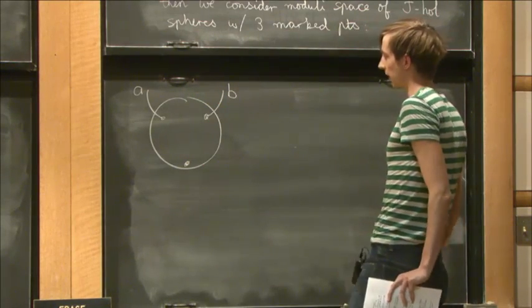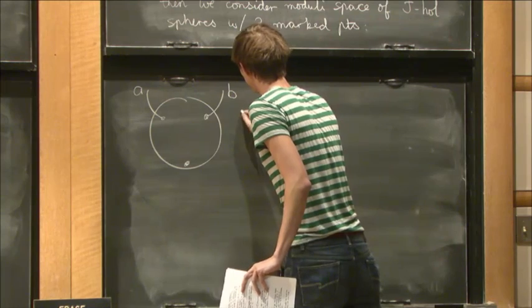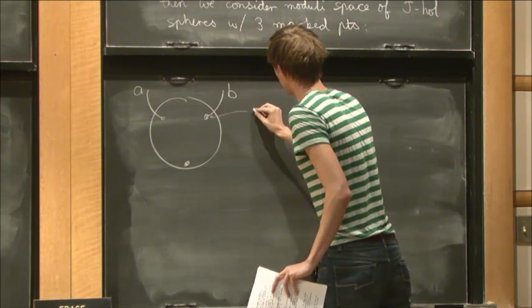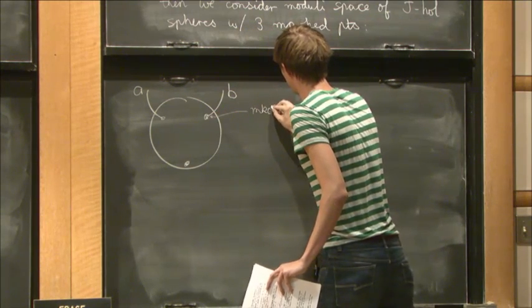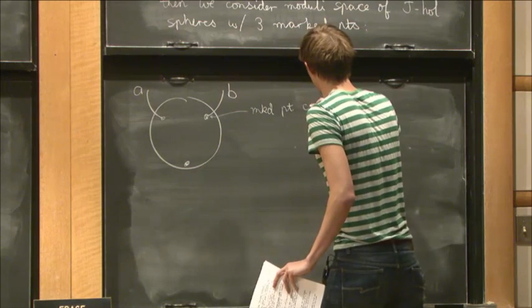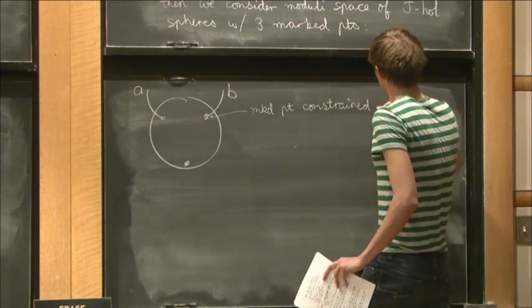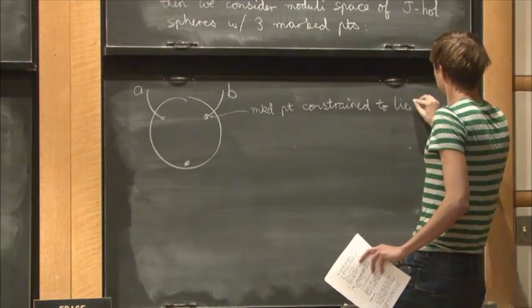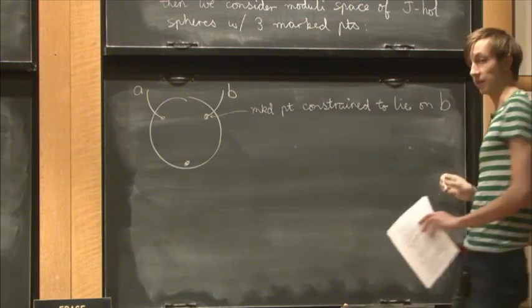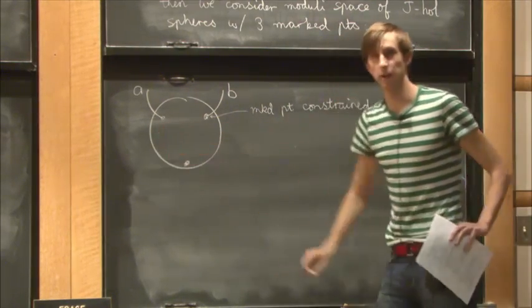Okay, so this is a J holomorphic sphere. This marked point is constrained to lie on the cycle B. Similarly, this one here.